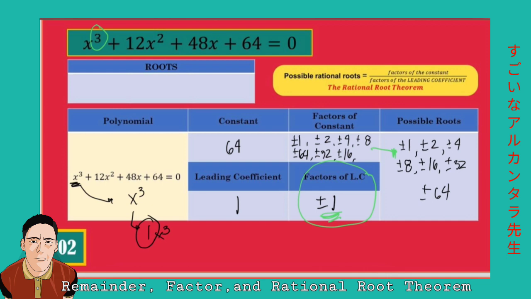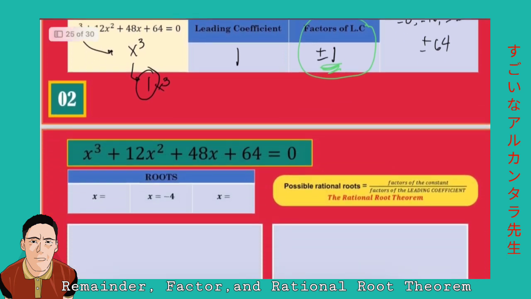But in some examples, you're not gonna be able to get the rational roots because sometimes given polynomials have irrational roots. So that's what I want you to remember. Now, if you do this, again, you can pause this part if you want to substitute all of them. Because there's going to be like what? 14 roots here. Now, if you're lucky, you'll be able to get the actual root being negative 4.